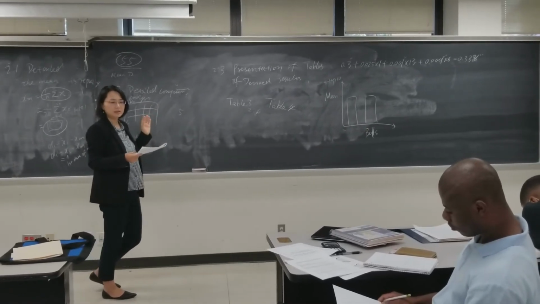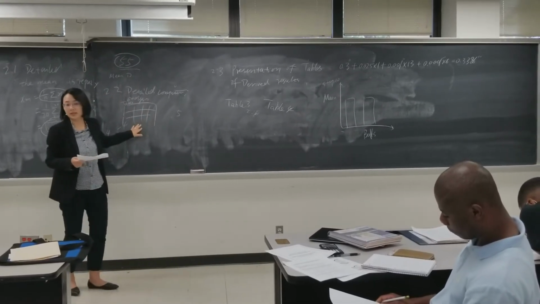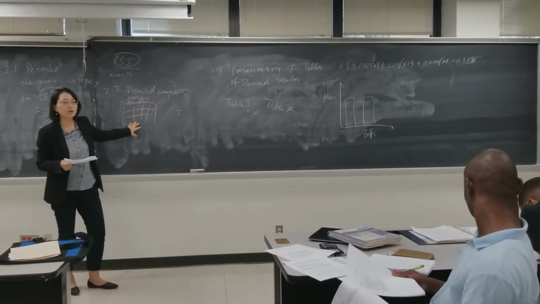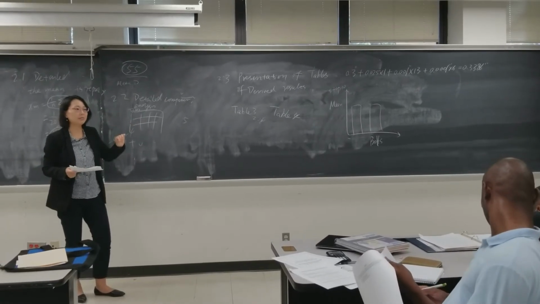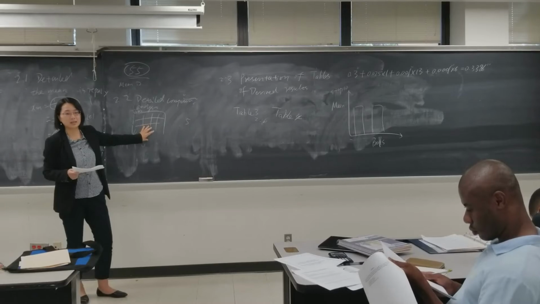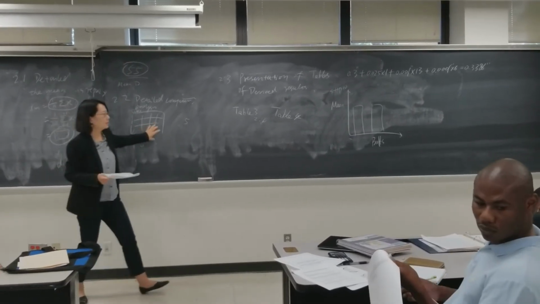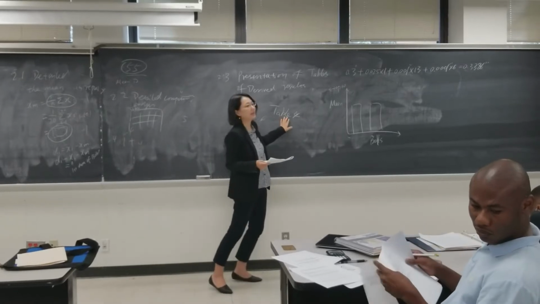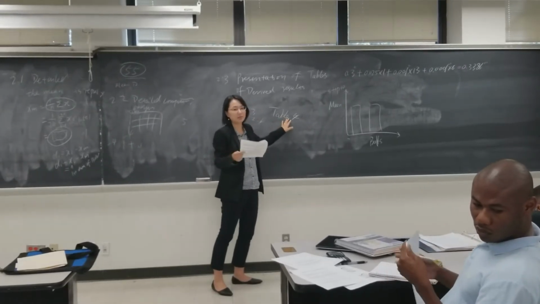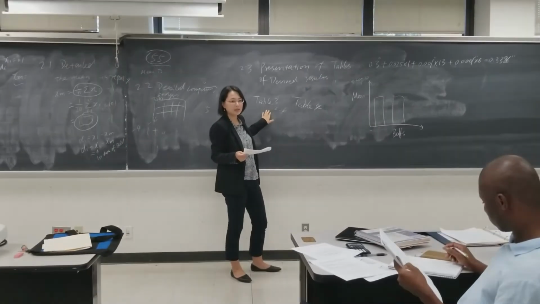Then for all these tables, you get this done in your Excel, right? You just upload the Excel file to e-course, so I can see the formula you use, whether it's correct or not. And after you get the table done in Excel, you just copy from Excel and paste into a Word document. Then you print out.